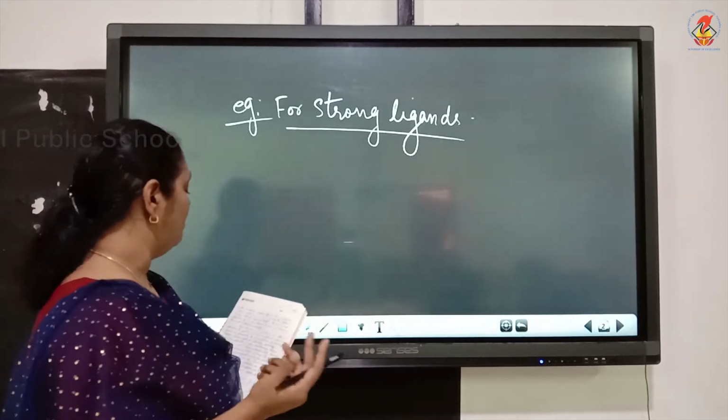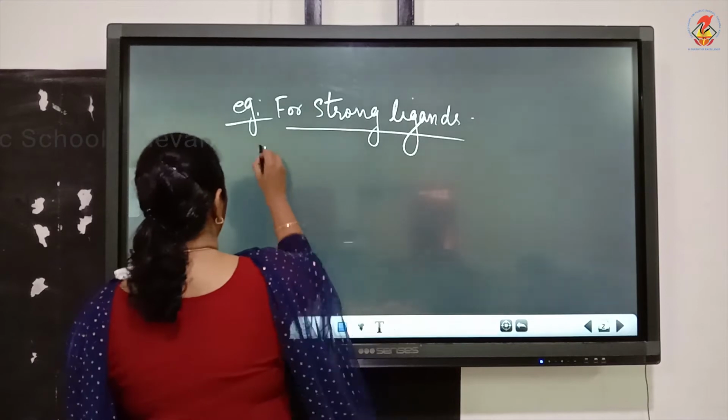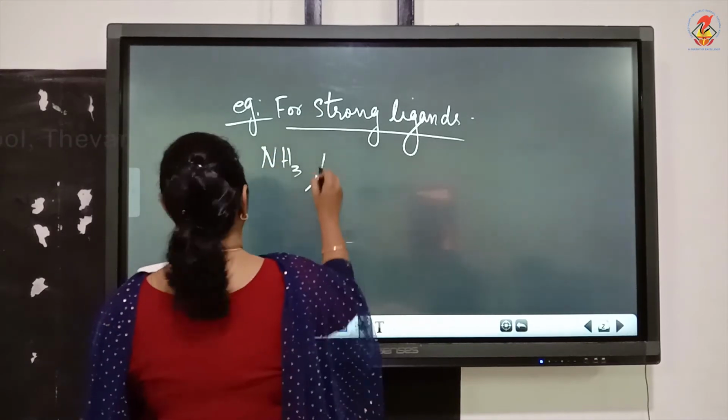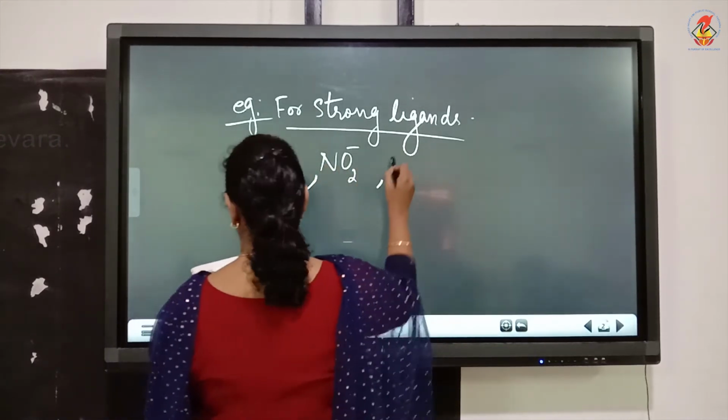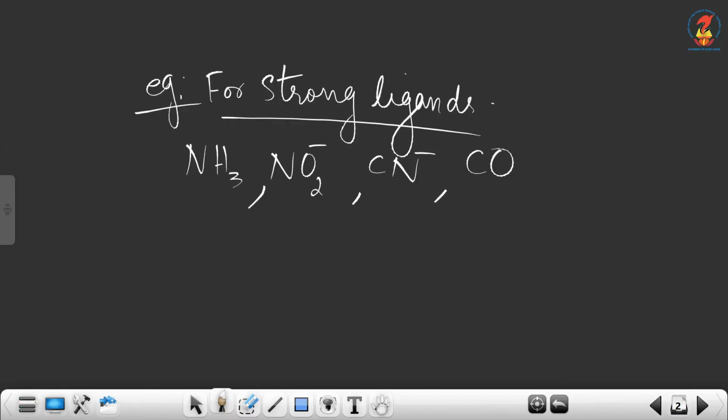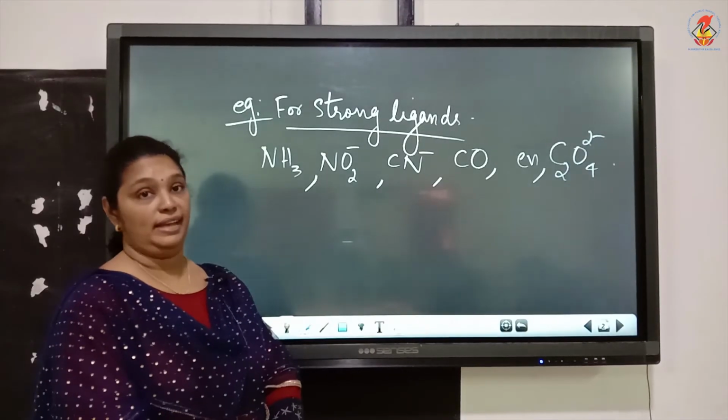Now the examples for strong ligands are ammonia, NO2 minus, CN minus, CO carbonyl group, EN ethane 1,2-diamine and oxalate ion. So these are the examples for strong ligands.